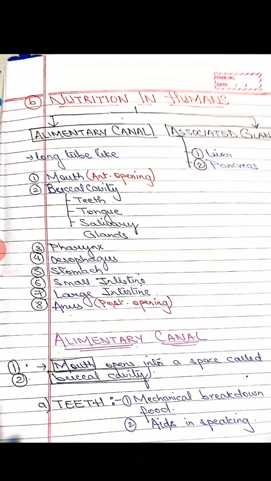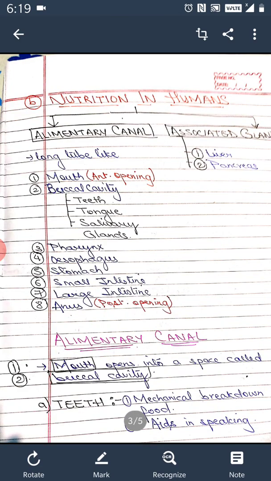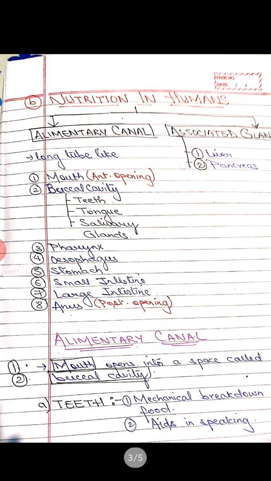When we talk about teeth, we already know that there are 2 sets of teeth in humans. One is the milk teeth, which come out in children and then fall off. Then there is a second set of teeth known as permanent teeth. All the teeth are not of the same size and shape.